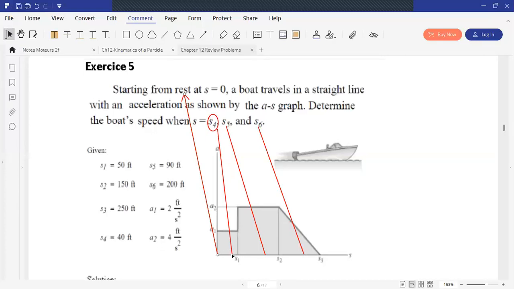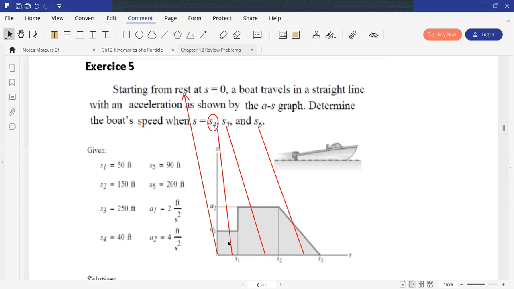For example, at point 4, v4 square minus 0 square equals 2 times the acceleration in phase 1, which is given and constant, times delta s, which is s4 minus s0. The only unknown here is v at point 4. It's fine for the first phase.